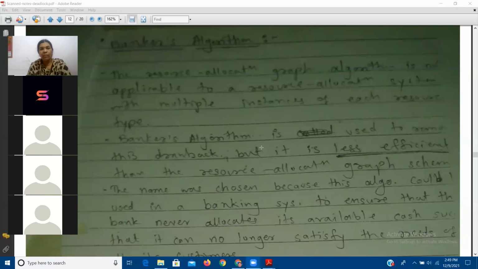What is the drawback of the resource allocation graph algorithm? The drawback of the resource allocation graph algorithm will be treated as an advantage with respect to Banker's algorithm. The limitation of Banker's algorithm is that it is less efficient.